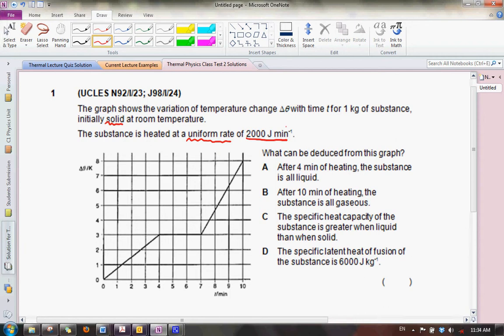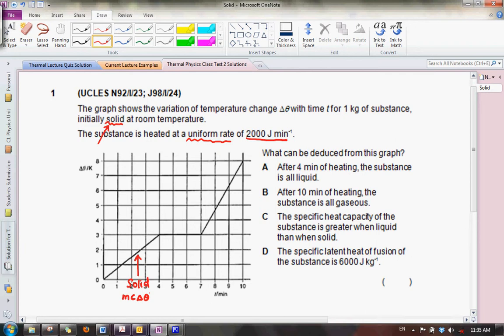To look at which statement is correct, let us first analyze the graph. In the first phase of the graph, it undergoes temperature change, and since the object starts off as a solid, it is simply undergoing a temperature change.